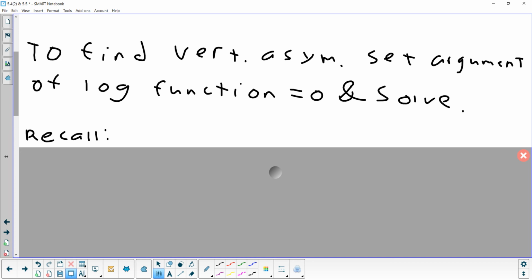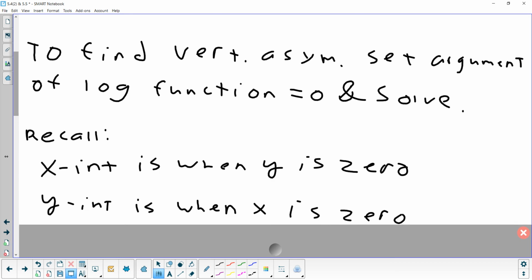What letter do you plug that in for the y-intercept? Yeah. The x equals 0. Yep. To find the y-intercept, plug in 0 for x. To find the x-intercept, plug in 0 for y.